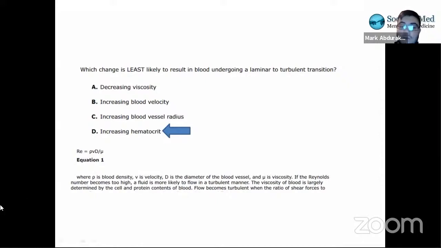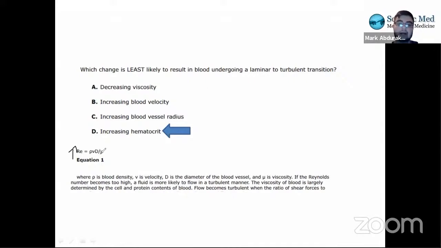It said that if the Reynolds number becomes too high, so if RE goes up, a fluid is more likely to become turbulent from laminar. So which of these is least likely to increase the Reynolds number? Which of these will not increase RE?